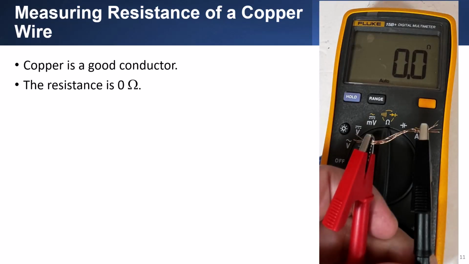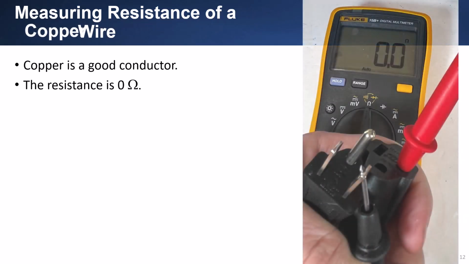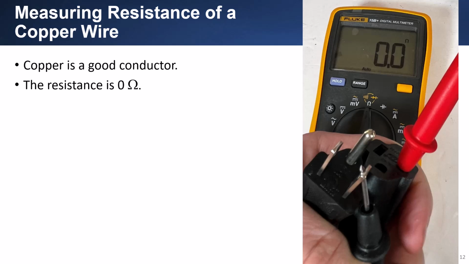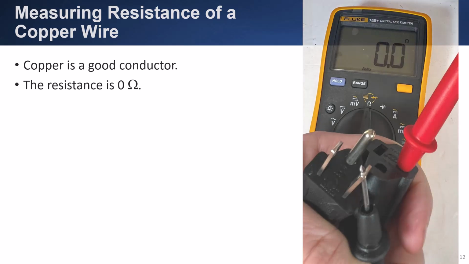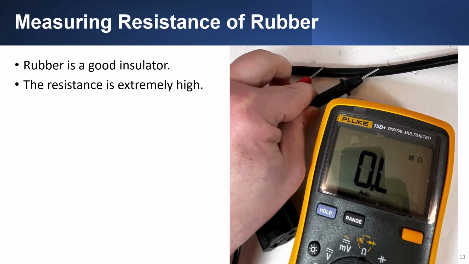When measuring the resistance of a copper wire, which is a good conductor, you measure 0 ohms. And if we take this a step further, when I'm measuring a copper wire that is part of a 6-foot power cable, I also measure 0 ohms. When I measure the resistance of rubber, which is a good insulator, it measures extremely high resistance.